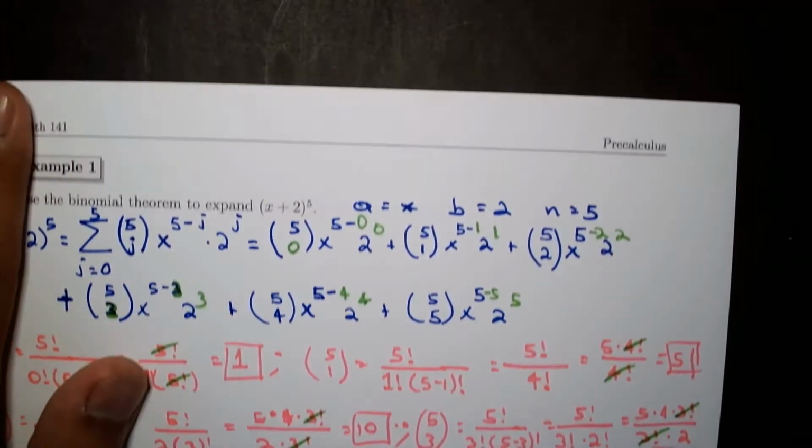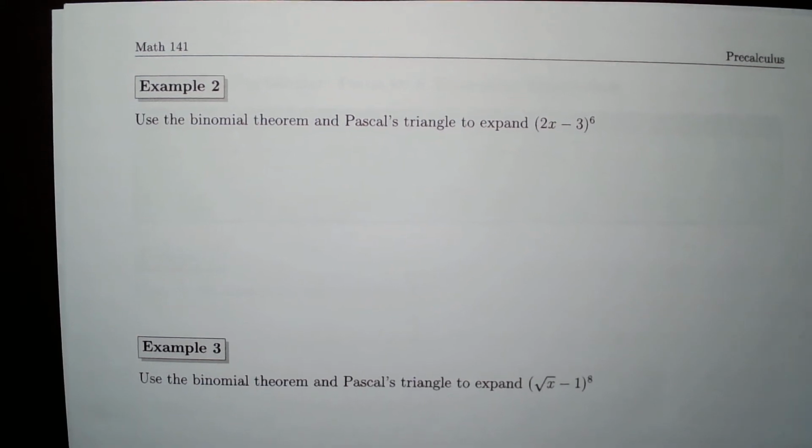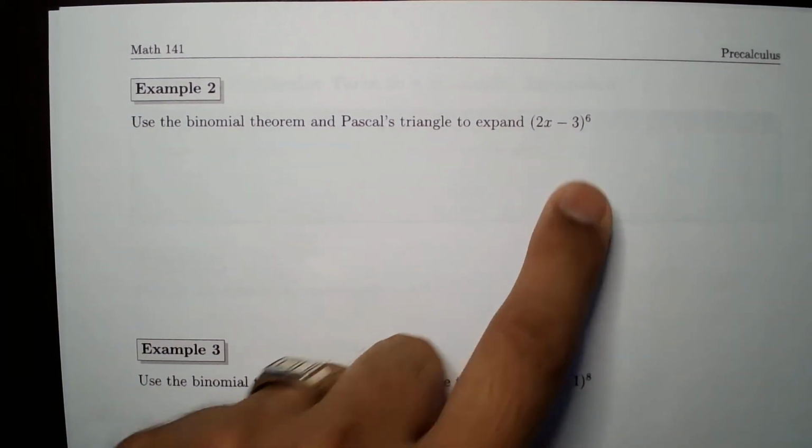All right, so let's do another example. Actually, we're going to do a couple more examples. Use the binomial theorem and Pascal's triangle to expand 2x minus 3 to the 6th power.